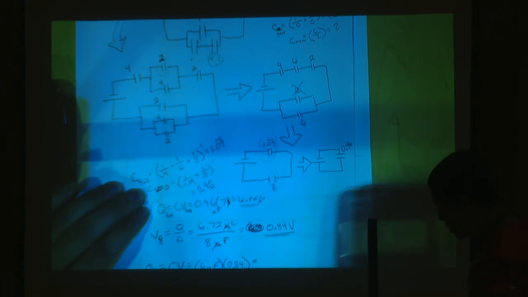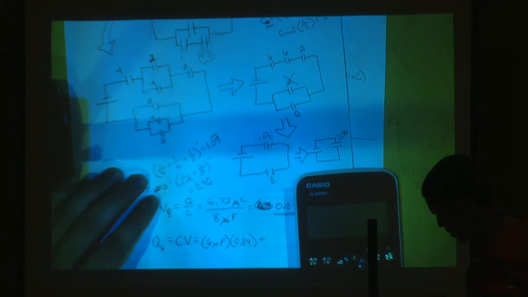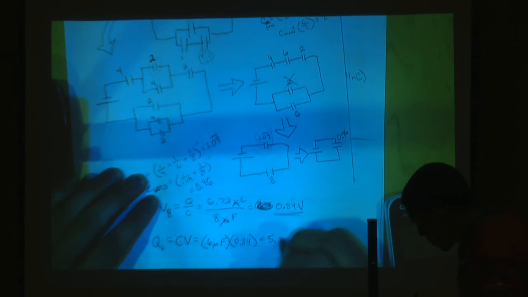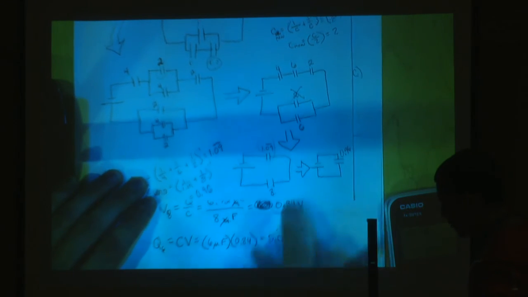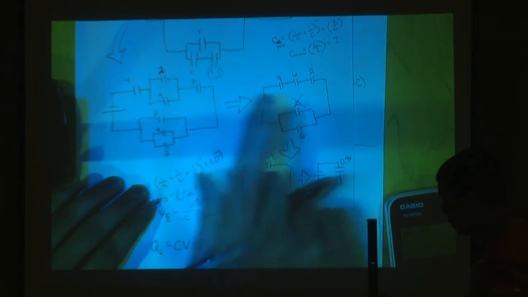Thus, the Q on 6 is going to equal C times V, which our capacitance is 6 microfarads times 0.84 volts, which is 6 times 0.84. We have 5.04 microcoulombs.